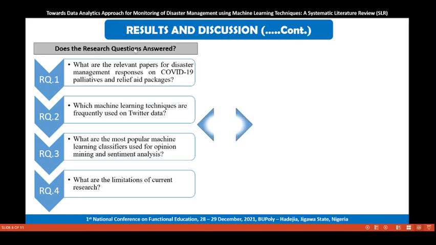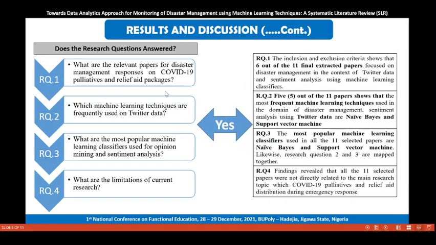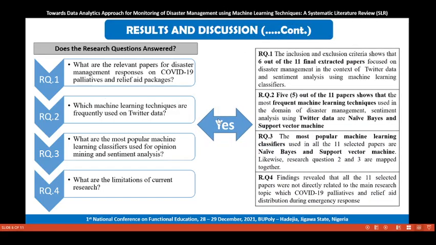So did the research answer the 4 research questions that were formulated? Yes, they were answered. Research question number 1, the inclusion and exclusion criteria shows that 6 out of the 11 final extracted papers focus on disaster management in the context of Twitter data and sentiment analysis using machine learning classifiers. So research question number 1 has been answered.